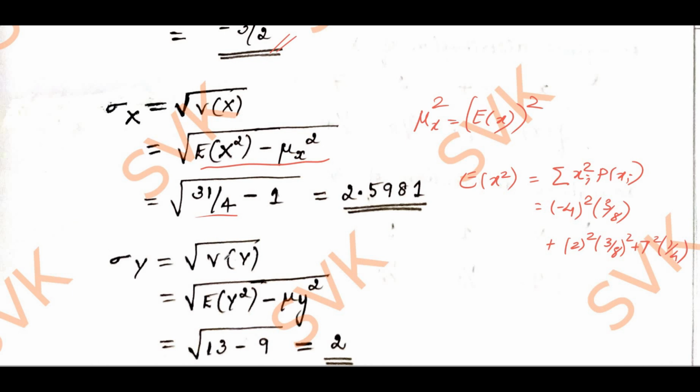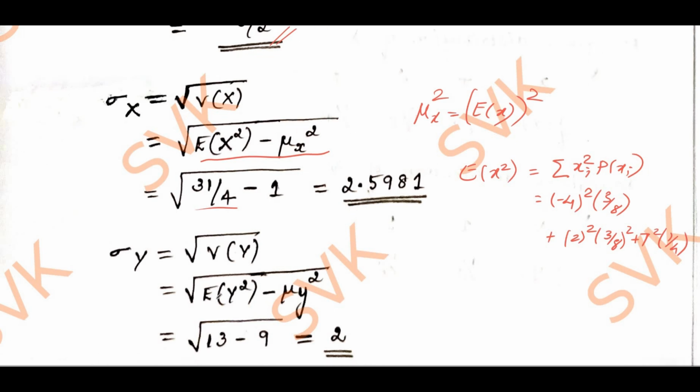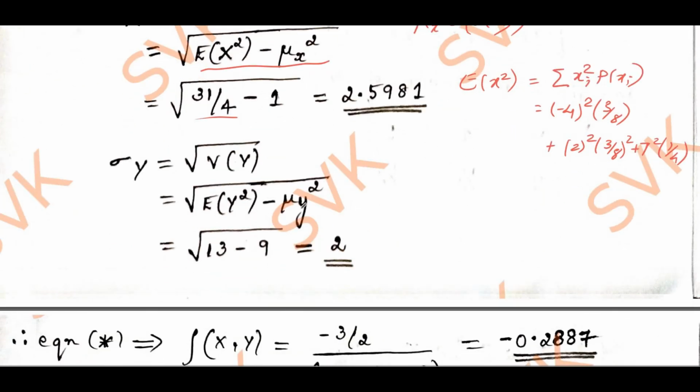Similarly, find sigma y using expectation of y and variance of y. Variance of y is provided by expectation of y square minus mu y whole square. Mu y whole square is nothing but expectation of y whole square.